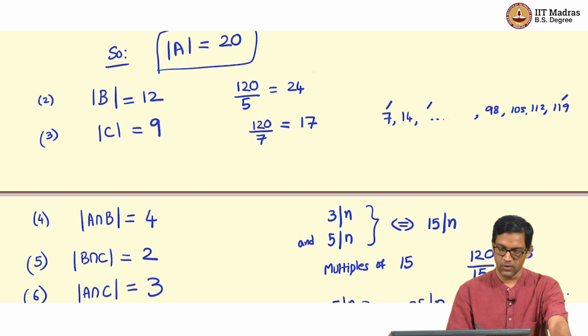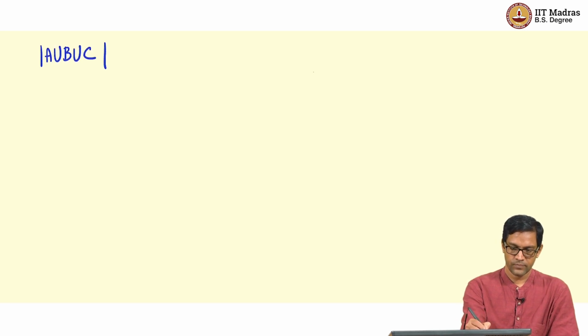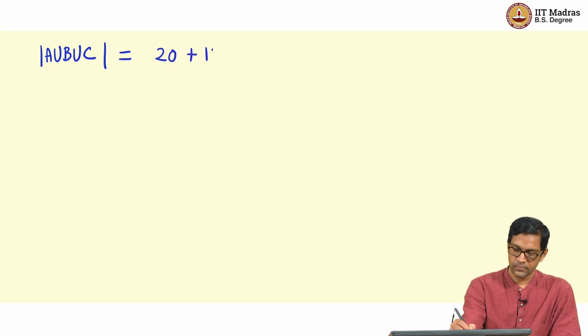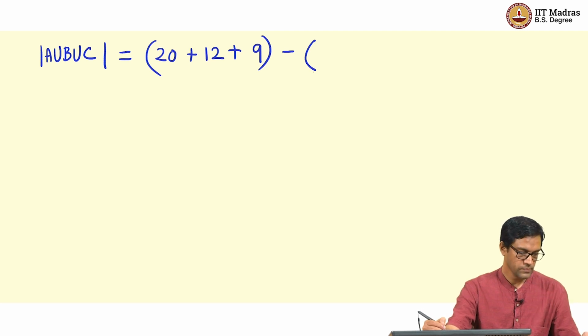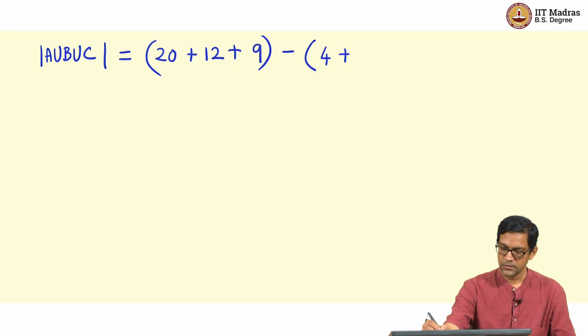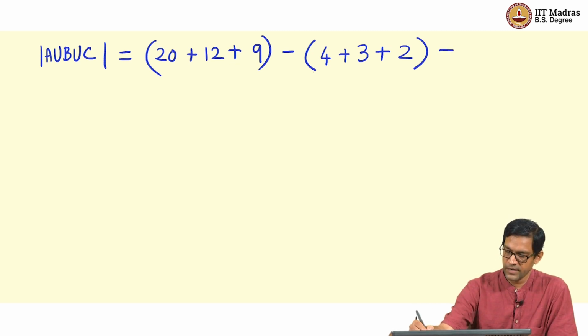So let us see what A union B union C will become. Finally it is the cardinality of A plus the cardinality of B plus the cardinality of C, minus, we had A intersection B, which was 4, plus 3, plus 2, and then finally plus a 1.